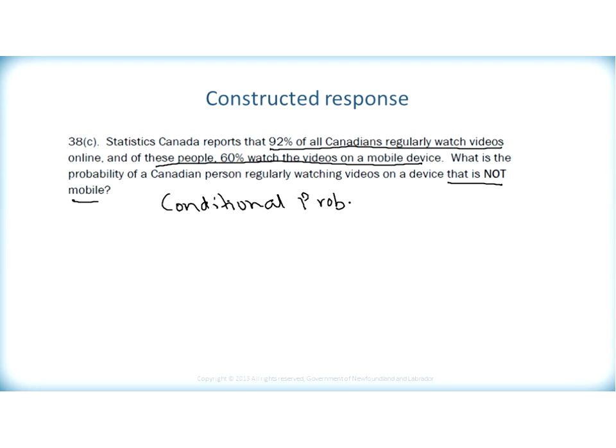In this case, we have 0.92. So of the Canadians that watch videos, 60% watch on a mobile device. That gives us 40% that are not on a mobile device. This gives us 0.368, or 36.8%.